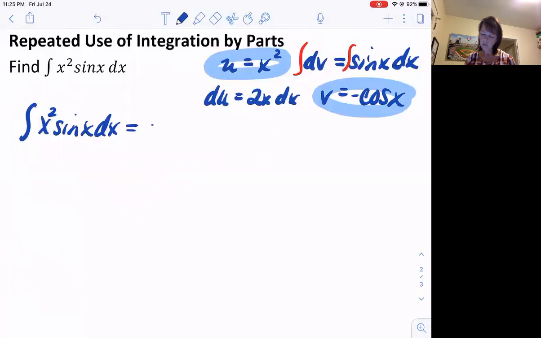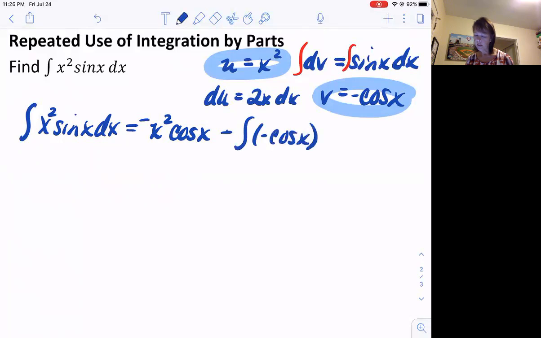So we're going to say x squared, bring the negative sign out front, cosine x, minus the integral of v, which is negative cosine x, v du, which is times 2x dx. Let's take a step back so I get everybody in here. So this is equal to negative x squared cosine x, plus the integral of 2x cosine x dx.